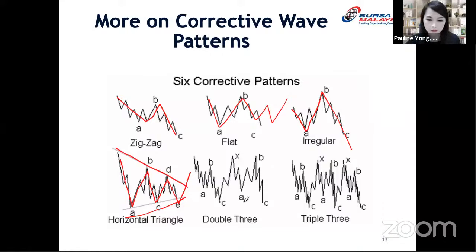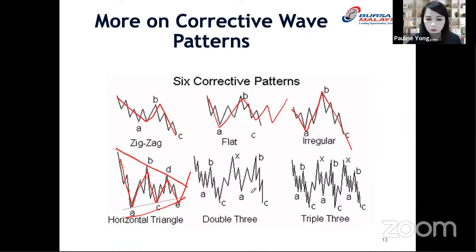And then you have the double 3, whereby you have 2 of these flats together. Sometimes you have a combination. You have a zigzag and then followed by a flat, that also can. And then triple 3 will be a combination of these as well. Or you can have 2 zigzags, or 2 flats, or a combination.